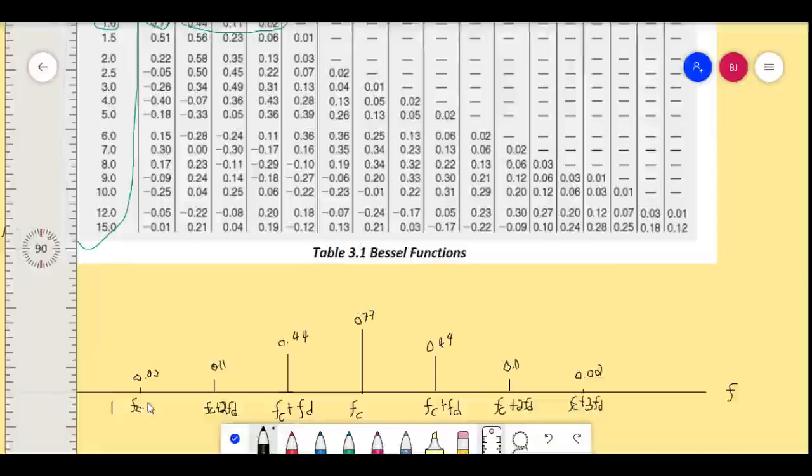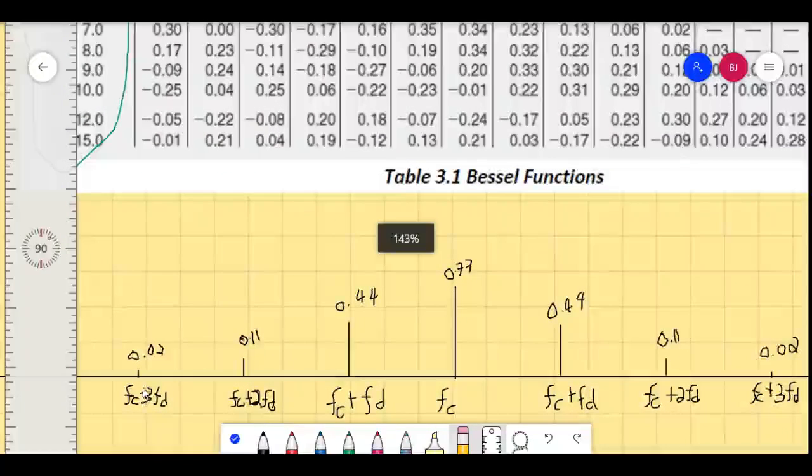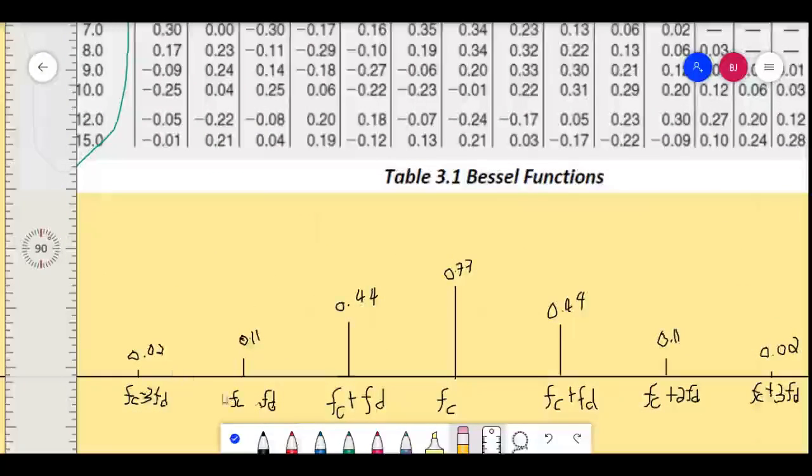So let me just correct what I've written here. The ones here should be in subtraction. Unfortunately, I put in addition.